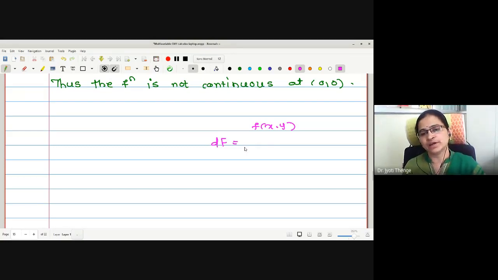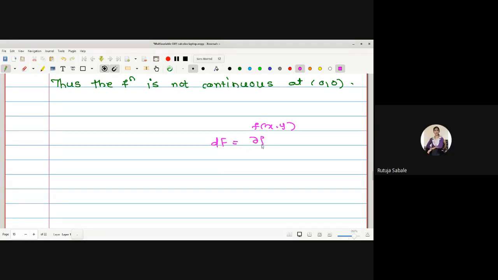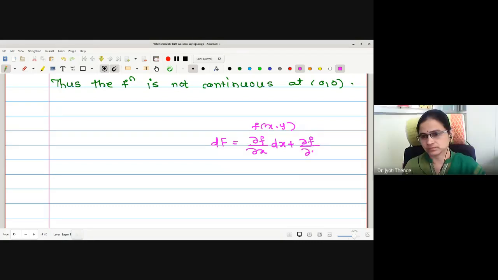How to find the total derivative? Del f by del x into dx plus del f by del y into dy. Good. This is the total derivative we have defined.